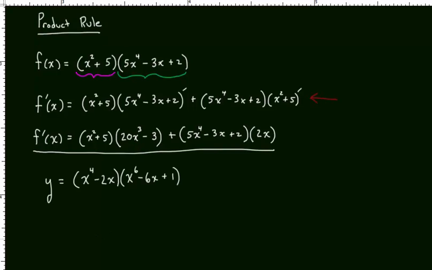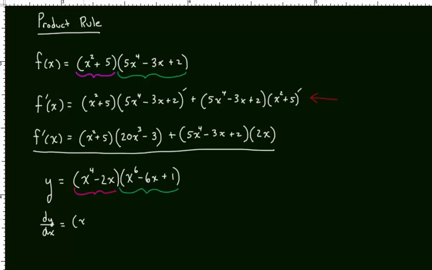Let's take a look at the second one, and I'm sure you could do this without listening to the video. The only thing different here is I want to show you the notation difference. So we'll say we're going to find dy dx, the derivative of y with respect to x.